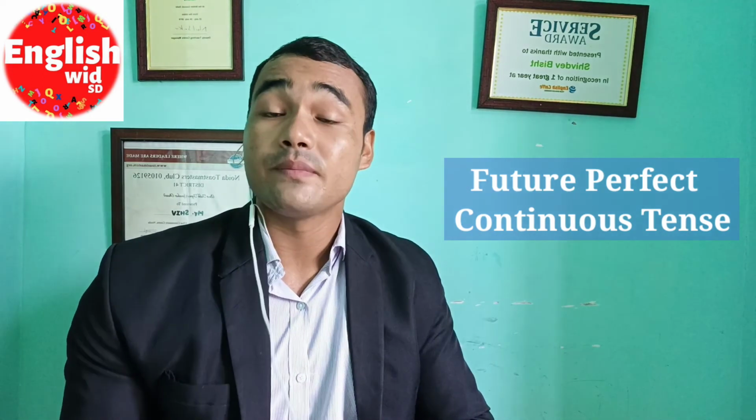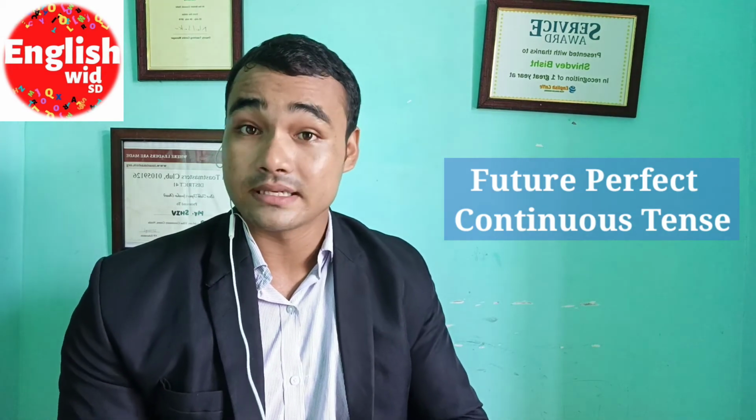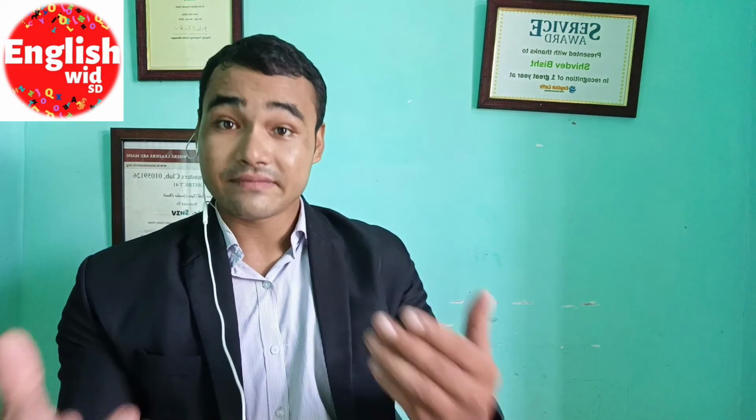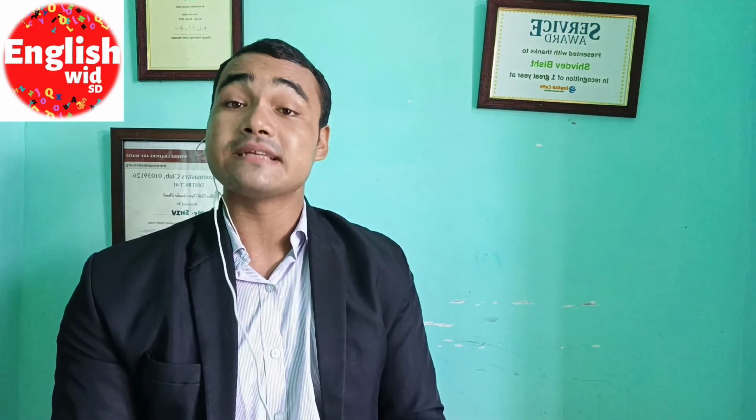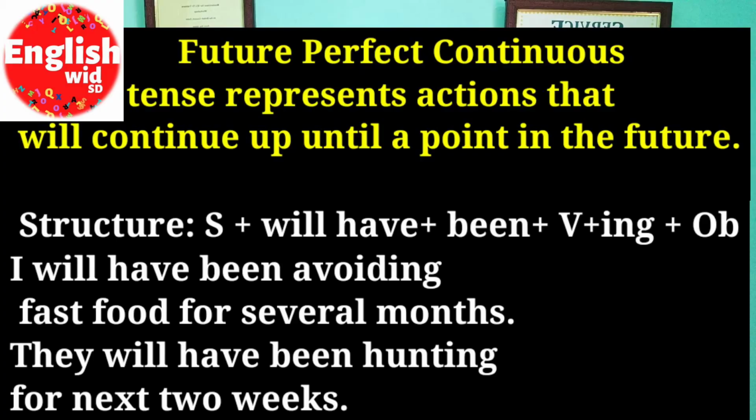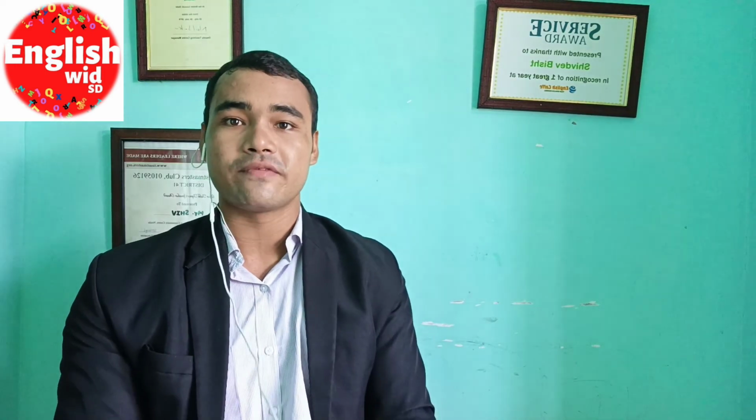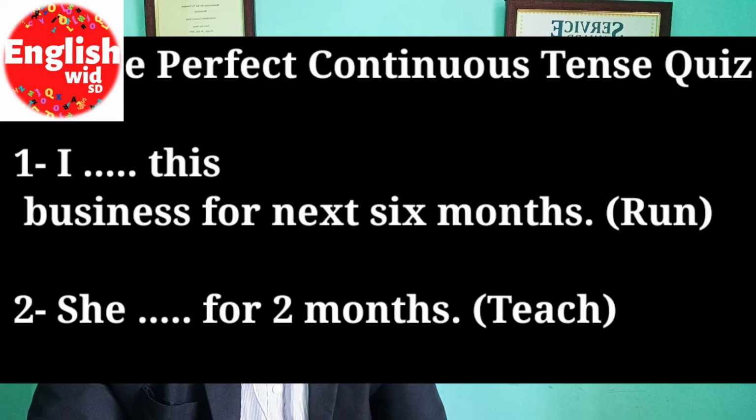Next example, I will have been taking bed rest for the next 4 days. Now let's have a look at the formula that is used in future perfect continuous tense. Now pause the video and understand the formula. Now please solve this test on future perfect continuous tense. Now pause the video to solve the test.